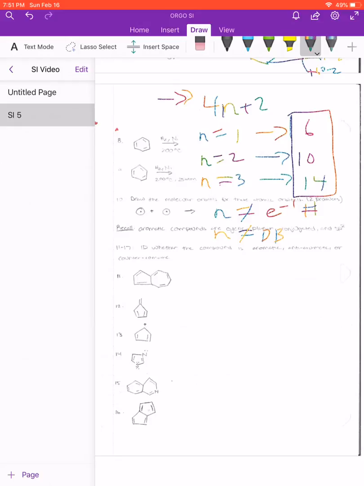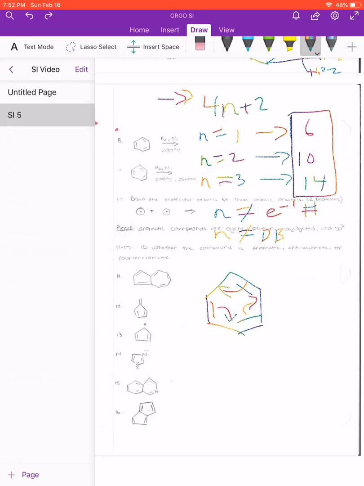in an aromatic molecule. So for example, we all know that benzene is aromatic. And how do we know that? Well, we know because we've been told that it's planar, so all the carbons are sp2, and we know that it's conjugated because, for example, if this bond goes right here, then this bond goes right here, then this bond goes right there, right?